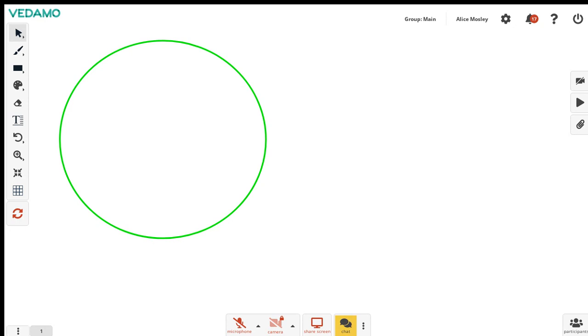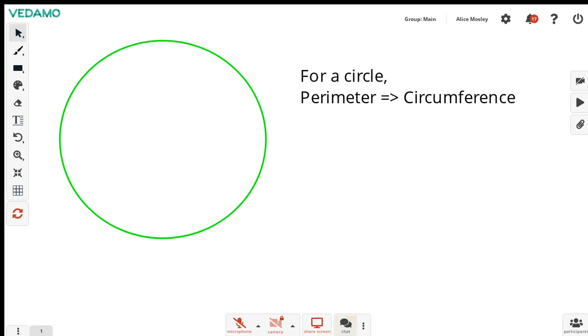And for a circle, the perimeter is now known as circumference. You have to remember circumference as a fence around a circle.